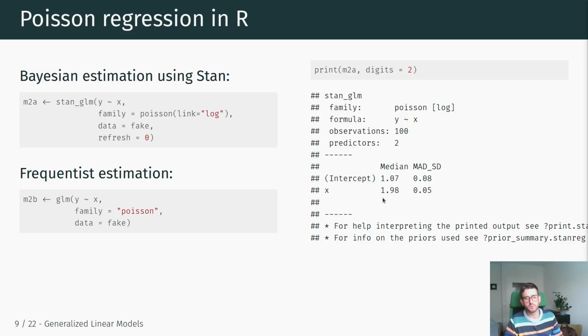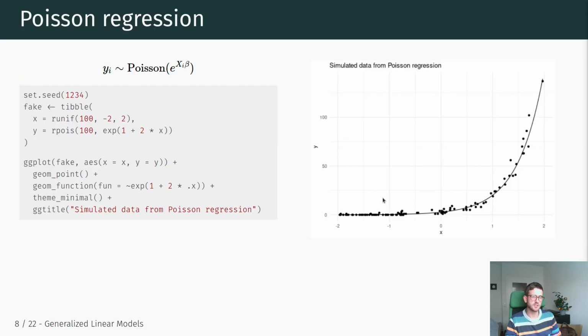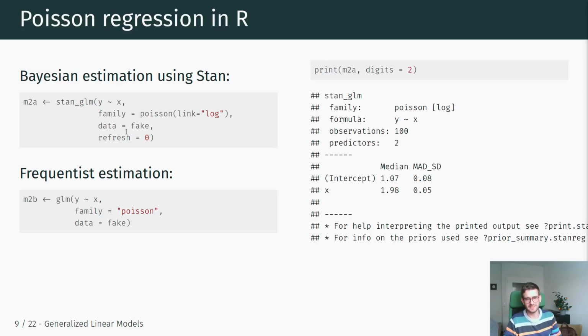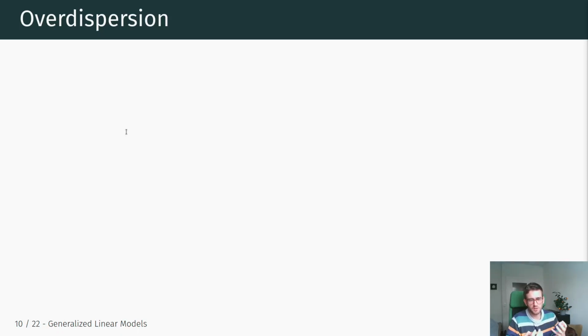So we recover the true data generating process that we specified here in our simulation with this basic toy example, right? So this is the basic framework. This is as simple as it is to just run a Poisson regression, either using Stan or using just the basic glm function. Of course, there are some complications.